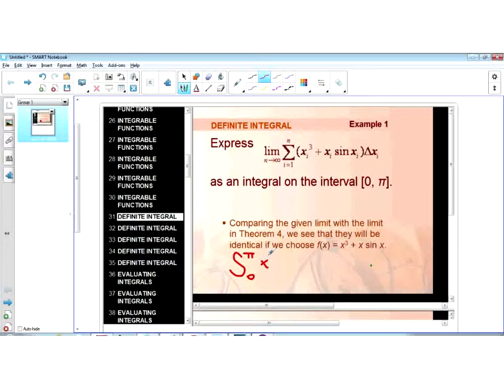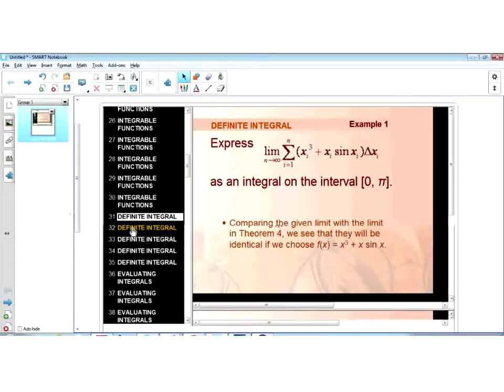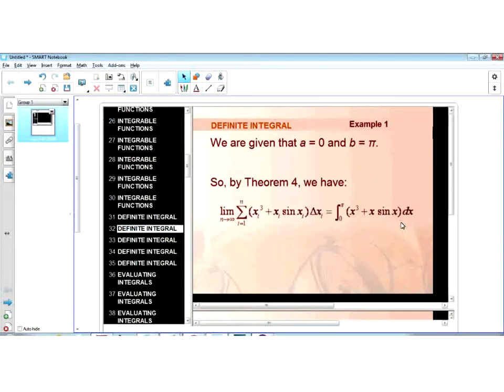Then we would want x cubed plus x sine x. There's your function, which denotes the height of the rectangle, and then differential x. So there's your definite integral, like so.